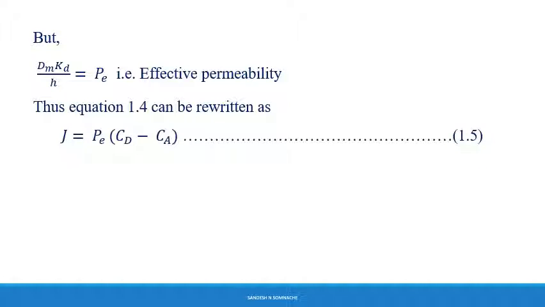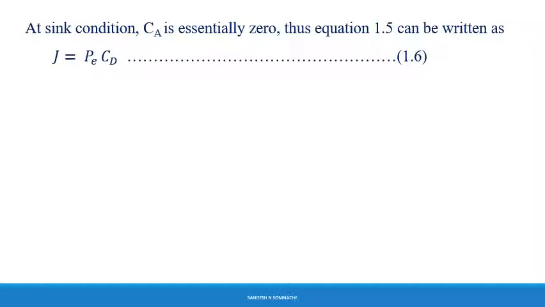But at sink condition, CA, the concentration in the acceptor compartment, is essentially 0, because we are considering the receptor compartment as the whole bloodstream, and immediately the drug is absorbed, it is distributed throughout the body, or it is transferred away from there.